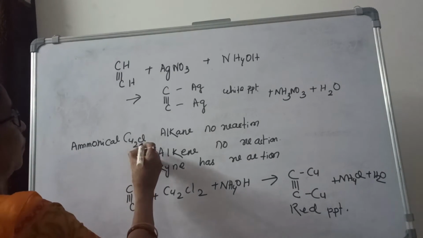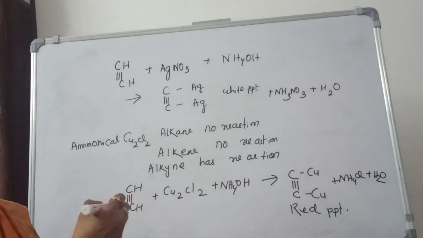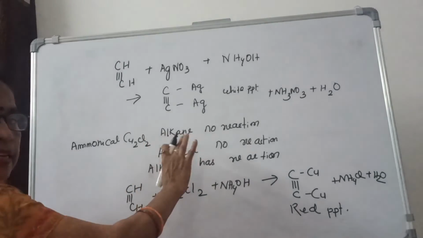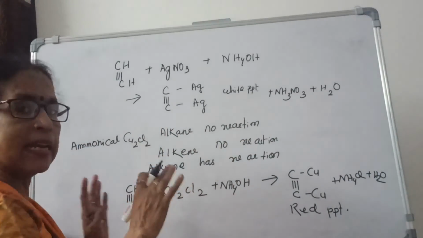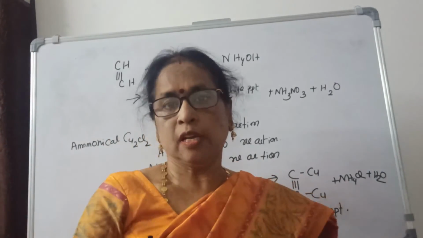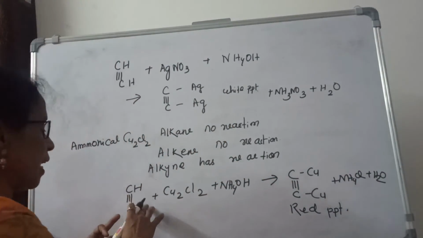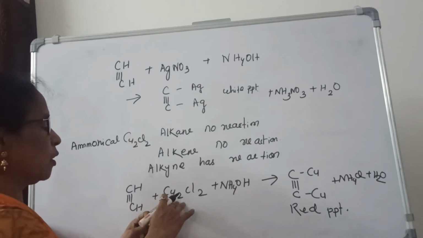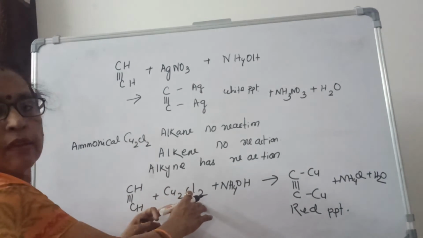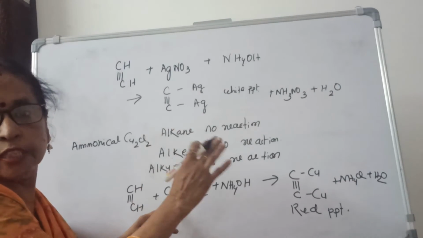cuprous chloride. Here it is cuprous chloride, and here alkane has no reaction, alkene also no reaction, but alkyne has a reaction. And now you can see the acetylene, or you can call that ethyne, reacts with cuprous chloride. The formula, remember, Cu2Cl2.